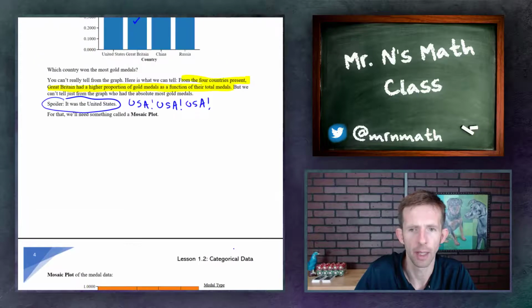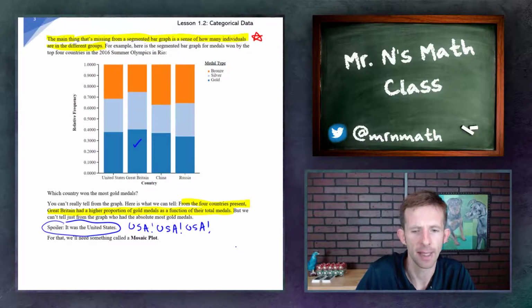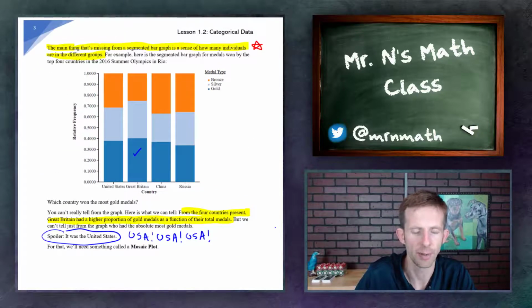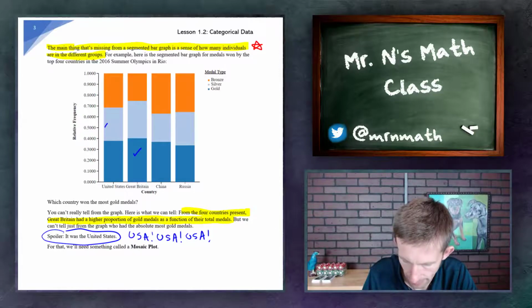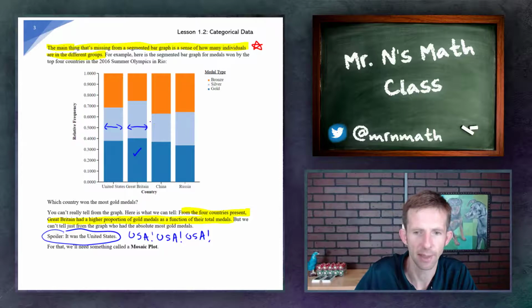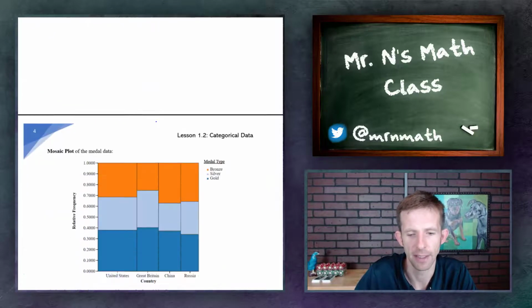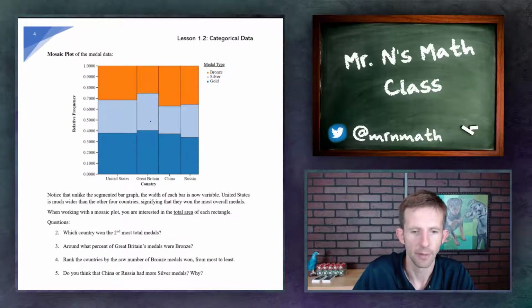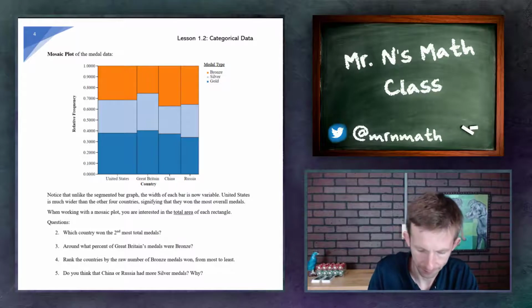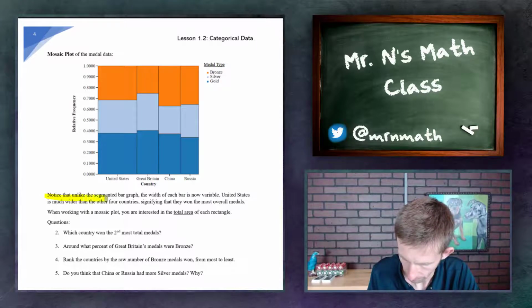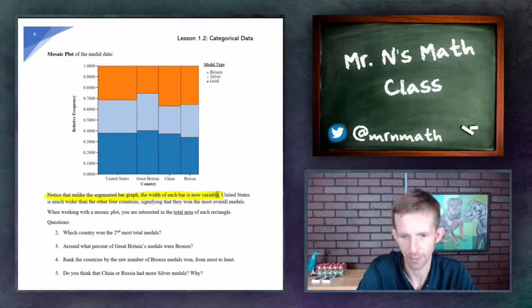So unlike a segmented bar graph, where each of the bars has the same width, a mosaic plot has a different width. So notice that unlike the segmented bar graph, the width of each bar is now variable.